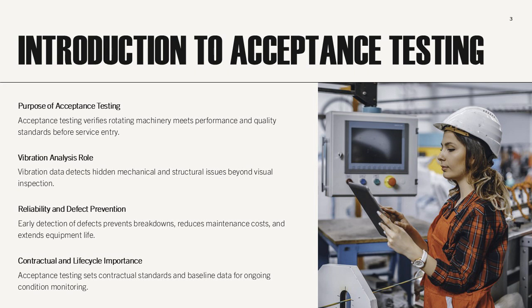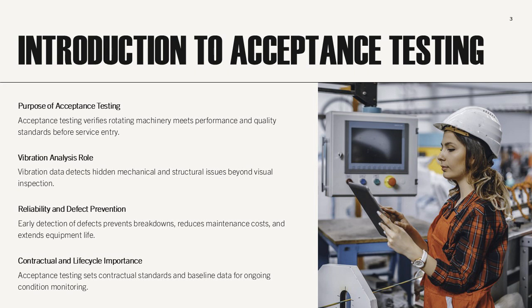By measuring vibration amplitudes, frequencies, and phase relationships, engineers can confirm that a machine has been manufactured, assembled, transported, installed, and commissioned correctly. From a plant reliability perspective, acceptance testing serves as the first line of defense against premature equipment failures. Many chronic vibration problems originate at the supplier or repair shop stage, including rotor imbalance, misalignment, soft foot, bearing damage, or resonance conditions.